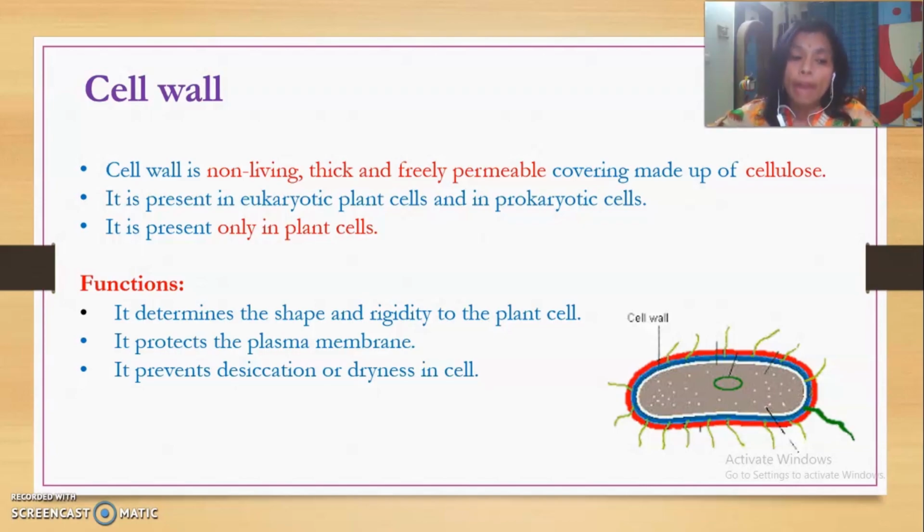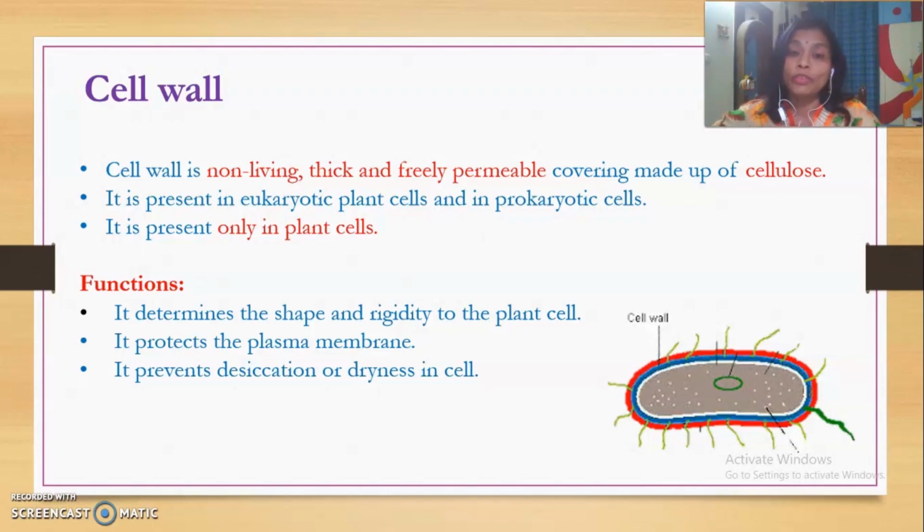Next, we can move on to the functions of the cell wall. Cell wall is giving shape and rigidity to the cell. You all know that the skeletal system is not there in case of plants, and the skeletal system in case of animals is responsible to give it shape.